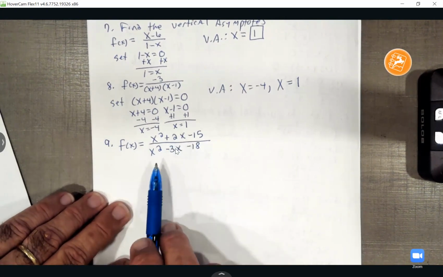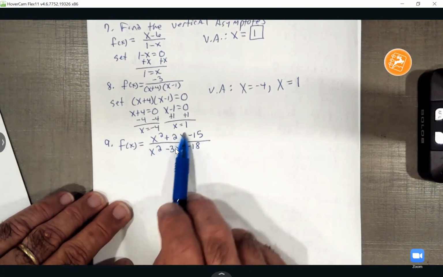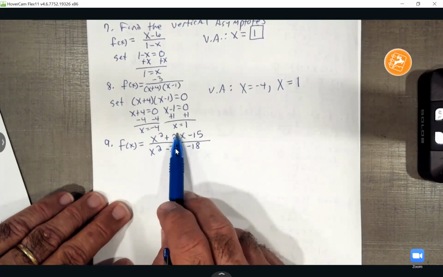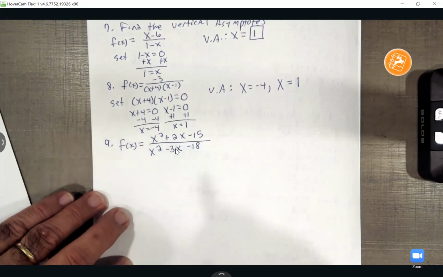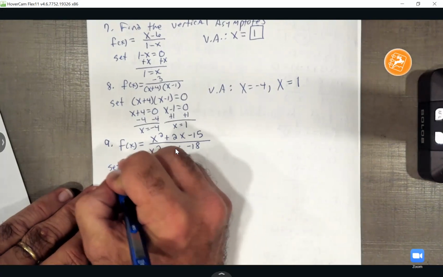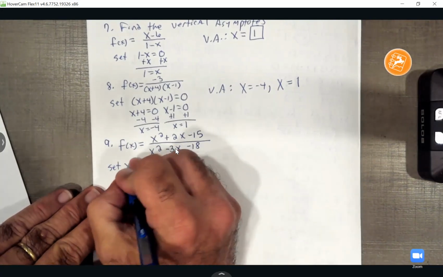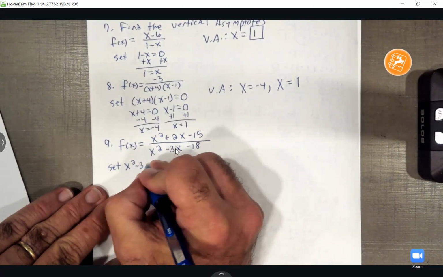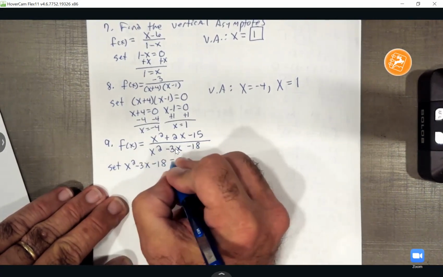Because remember, it's possible that if you get matching factors on top and bottom, they're going to cancel out asymptotes that are vertical, okay? So first, let's start by finding the vertical asymptotes by setting that bottom equal to 0.